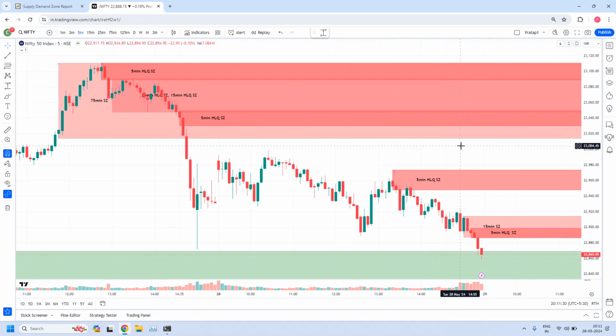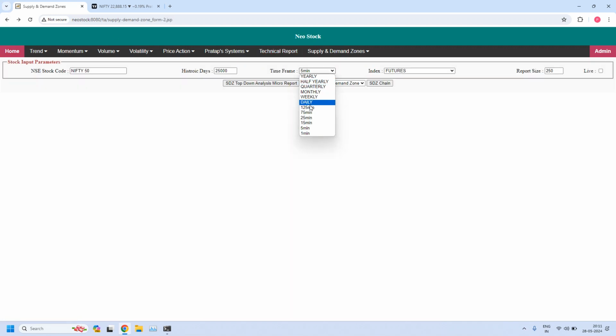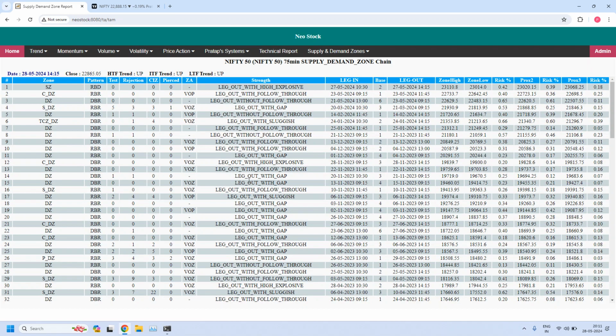The point you have to understand is still, even by the end of the day, the 15 minutes trend is a downtrend. This is the point you should understand. What about the 75 minutes trend? Let us check. 75, has it changed to sideways? Yesterday we discussed, I don't remember. Yeah, the 75 minutes trend is still an uptrend.